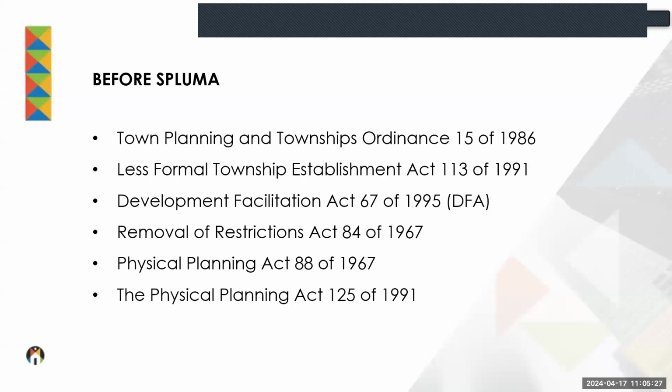There's the Removal of Restrictions Act 84 of 1967, where you had to go maybe via legal representation to the so-called administrator of the province to have restrictions removed from title deeds. You had the Physical Planning Act 88 of 1967, and you had the Physical Planning Act 125 of 1991.